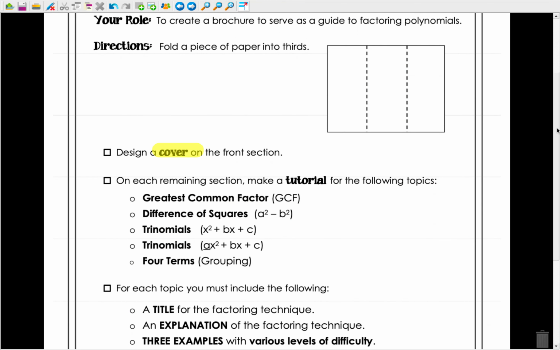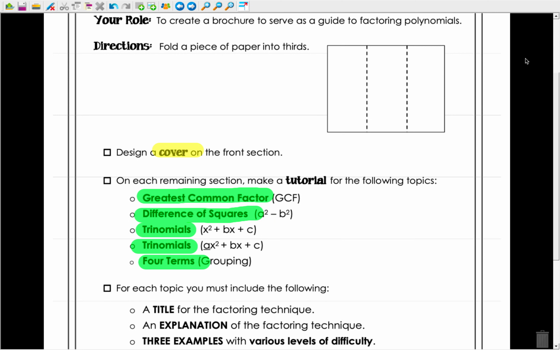Then you're going to give me a tutorial for each of the faces of your brochure. And in there, you're going to have greatest common factor on one fold, difference of squares, trinomials when your A is 1, and trinomials when your A is bigger than 1, and then 4 terms.